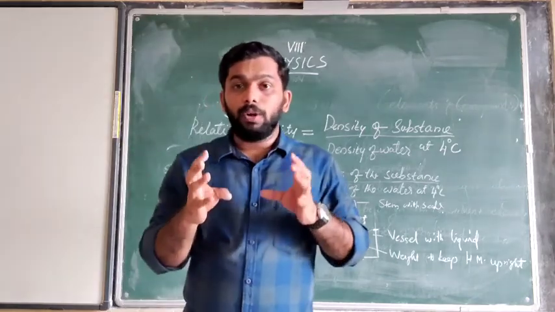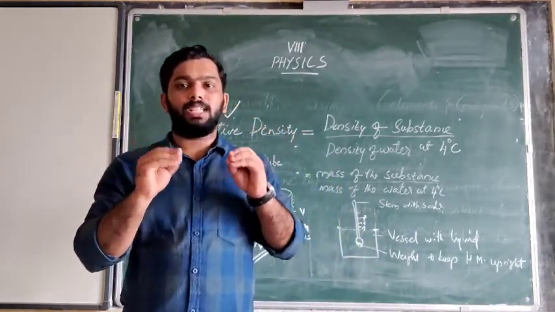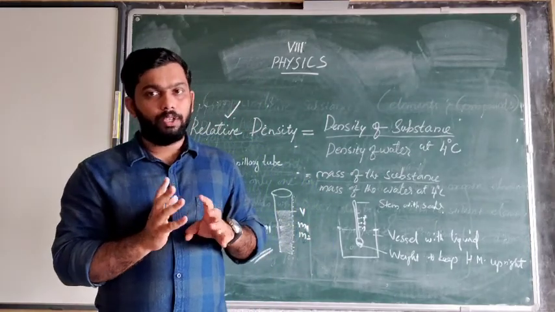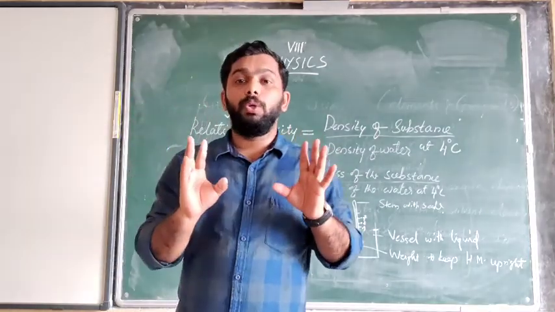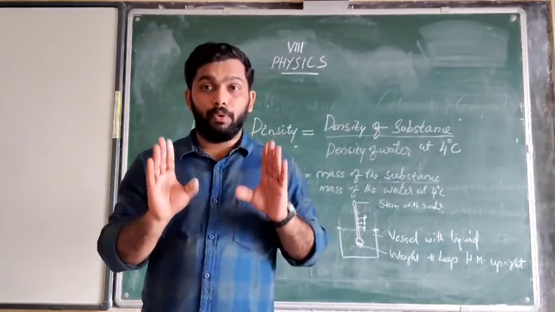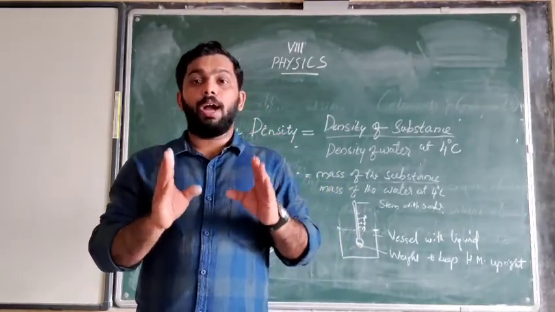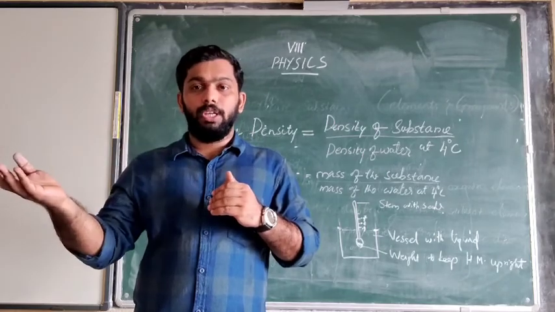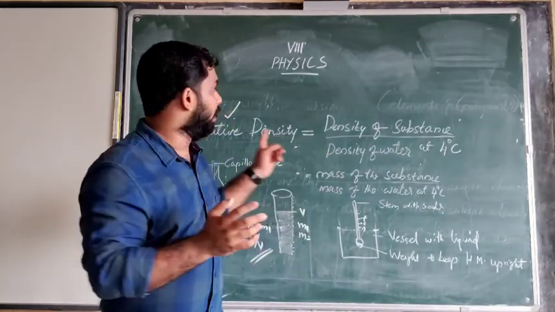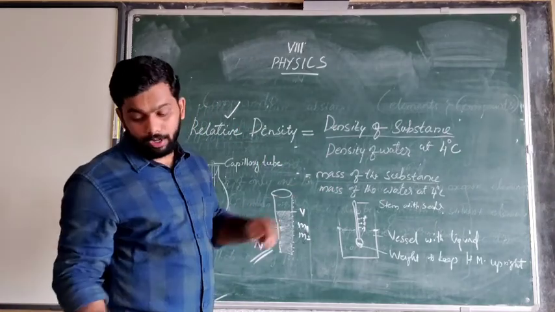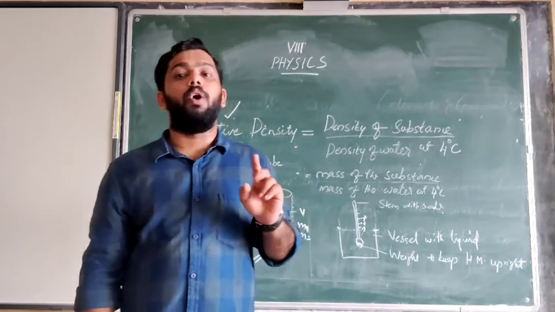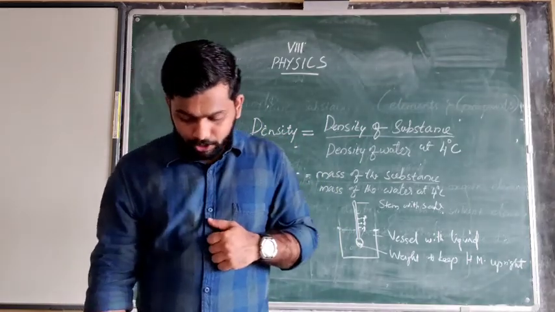So we have to compare these densities with respect to one particular density. Here we are going to take the density of water at 4 degrees Celsius to compare the other densities, and this comparison is known as relative density or specific gravity.